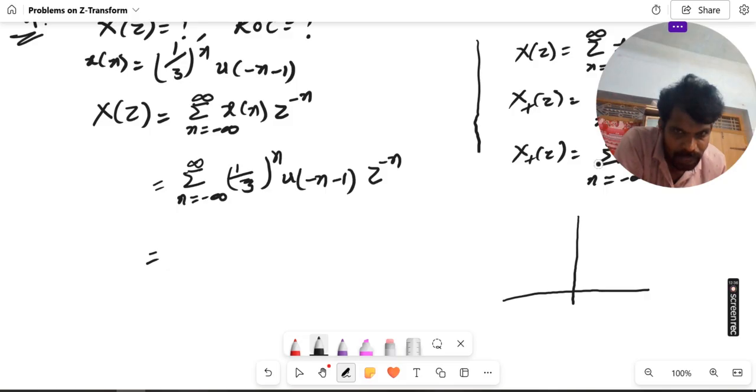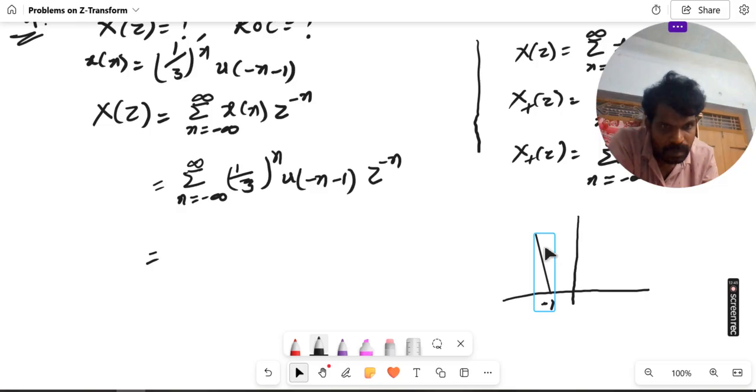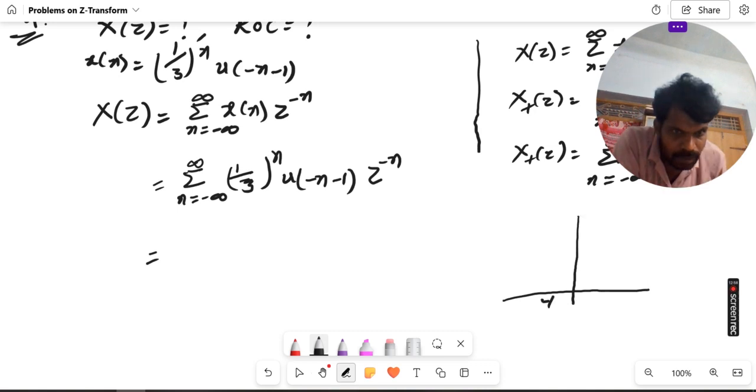It starts from n value minus 1, from minus 1 onwards, minus 1, minus 2, whose amplitude value is 1 and so on.